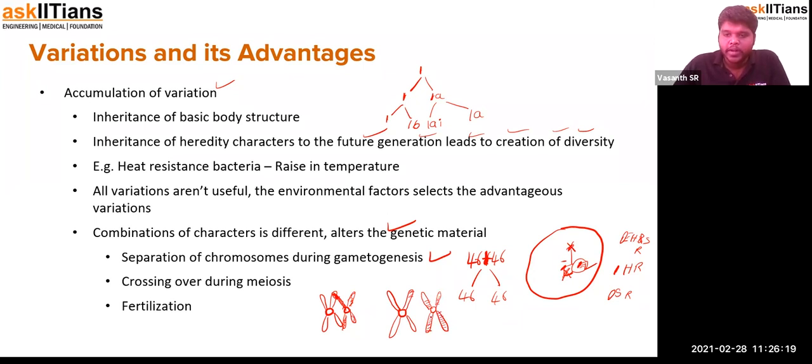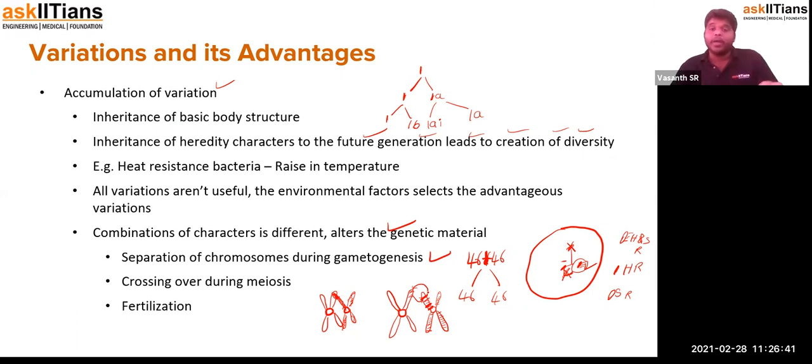It can happen in all arms, or any one of it, or any two of it, or different regions. So in this crossing over, you can see this genetic material has been switched and this genetic material has been switched over here. It is not necessarily only this amount. It can be more than that, or it can be the whole arm, or it can be just a tip of it. So in this way, that gets to be random.